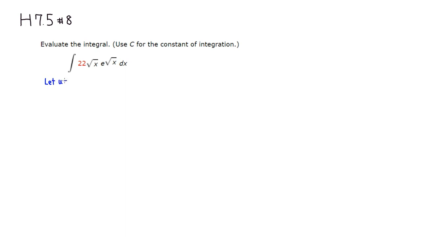u be square root of x, which is the same thing as x to the 1/2 power. I'm going to go ahead and take the derivative. du over dx is equal to 1/2 in front, x, and subtracting 1 from 1/2 gives a negative 1/2.